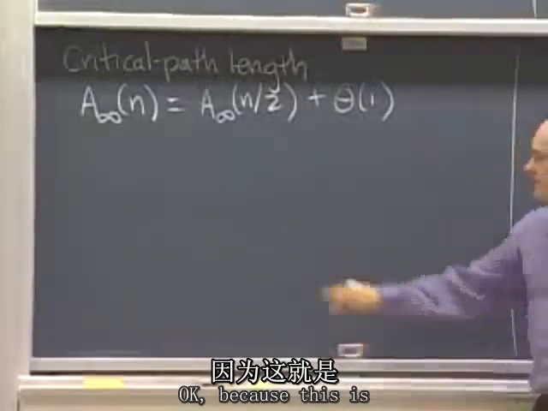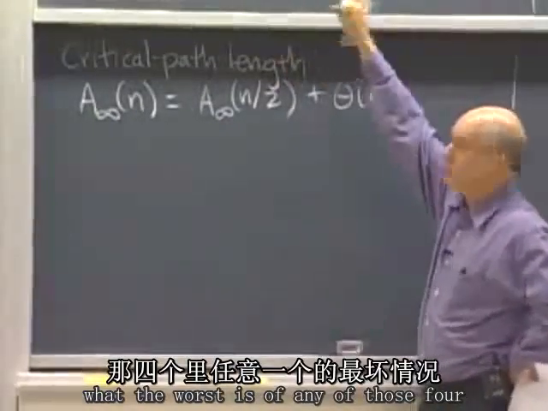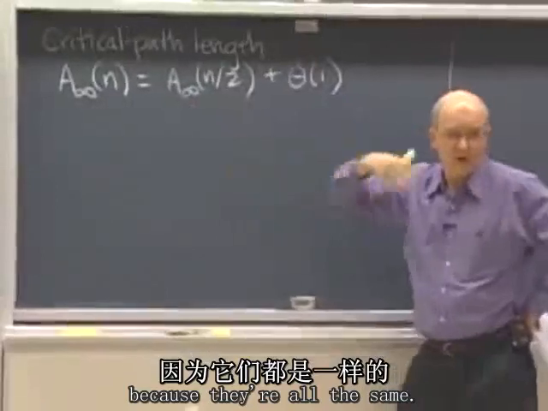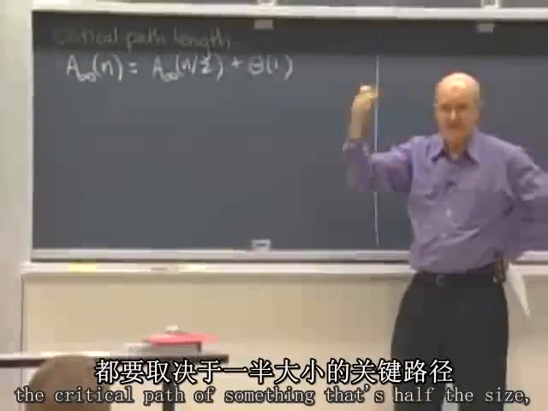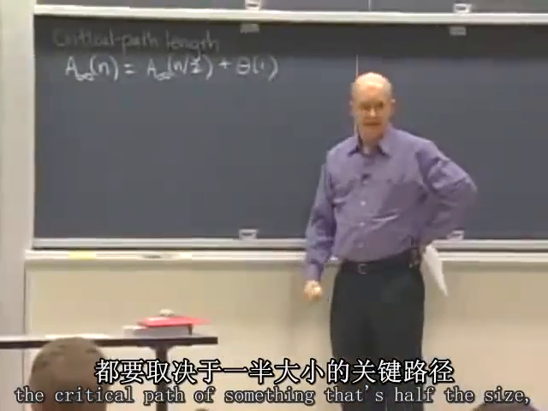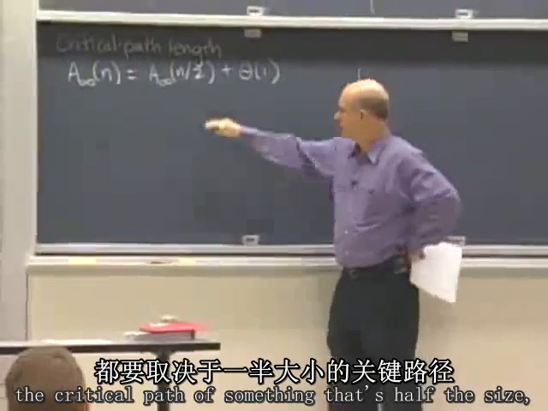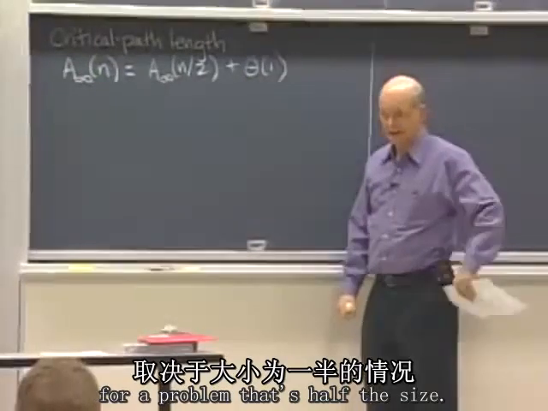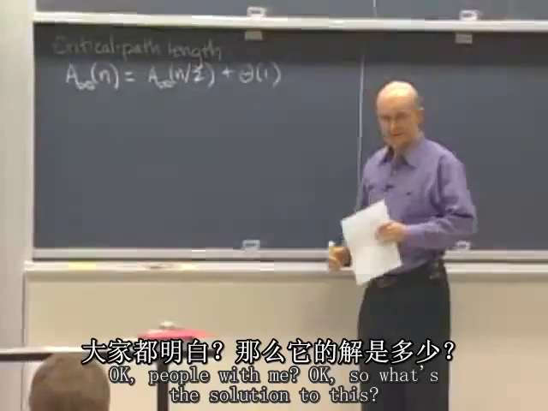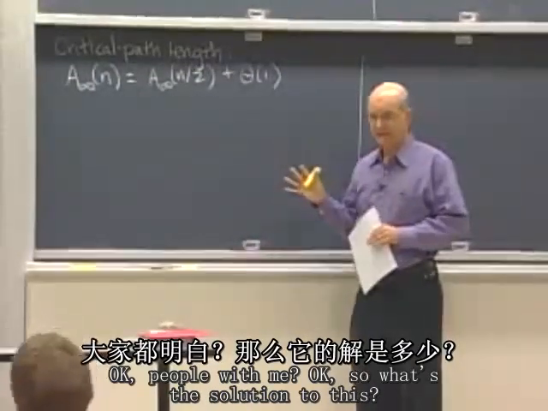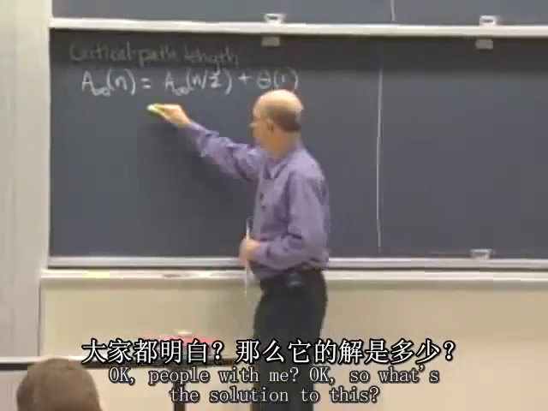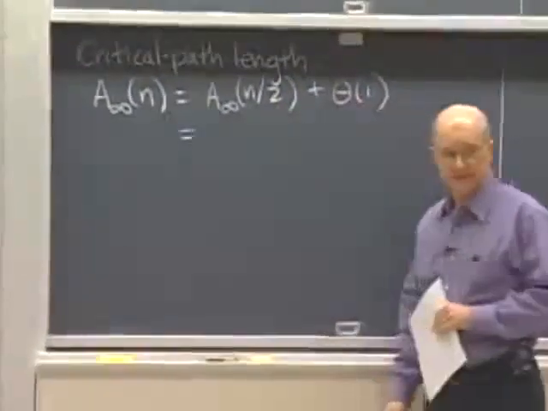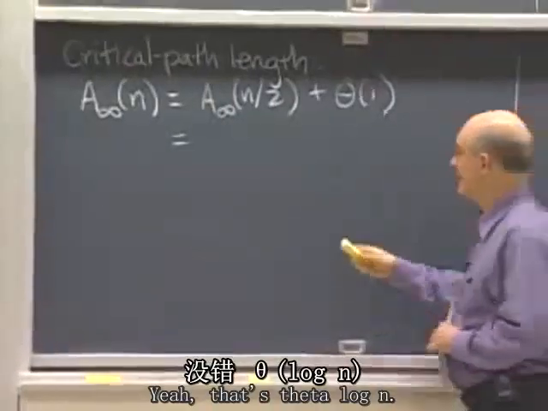Okay, because this is the worst of any of those 4, because they're all the same. They're all looking at the critical path of a problem that's half the size. Okay, people with me? Okay, so what's the solution to this? Yeah, that's theta log n.